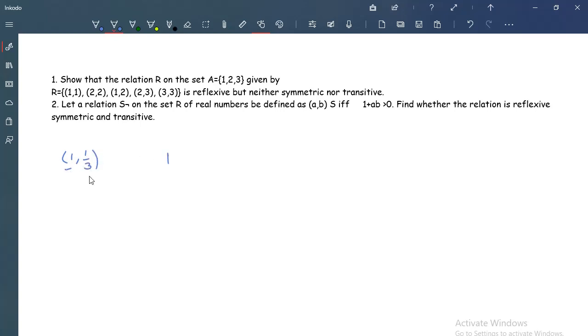This is A, this is B. 1 plus 1 into 1 by 3, that is 4 by 3. Obviously it is greater than 0. It implies (1, 1 by 3) belongs to the set S. Then 1 by 3 and minus 2.